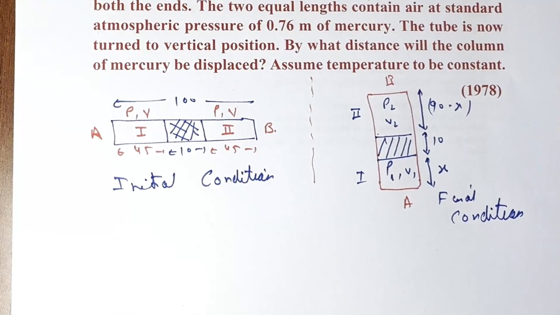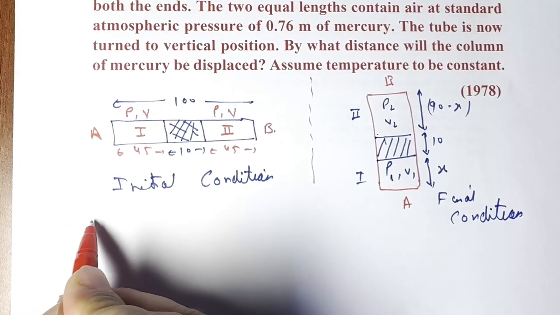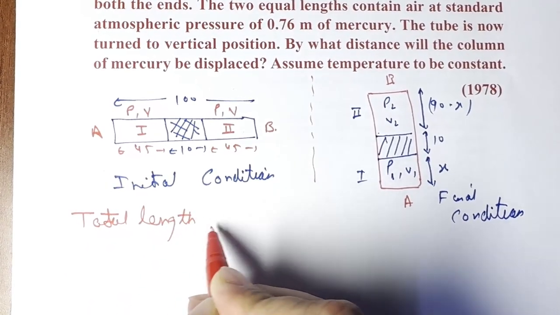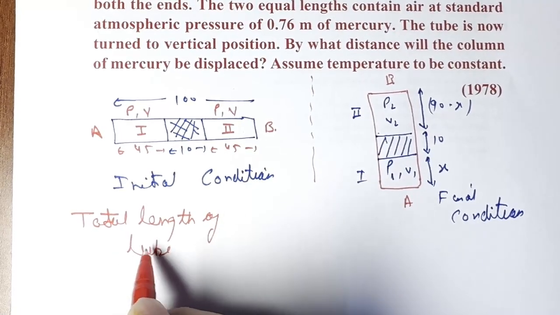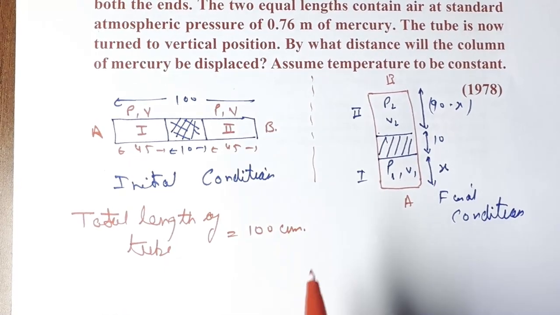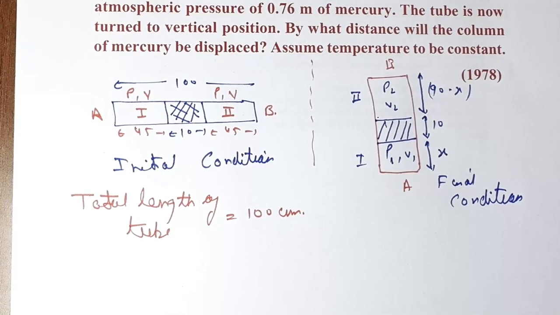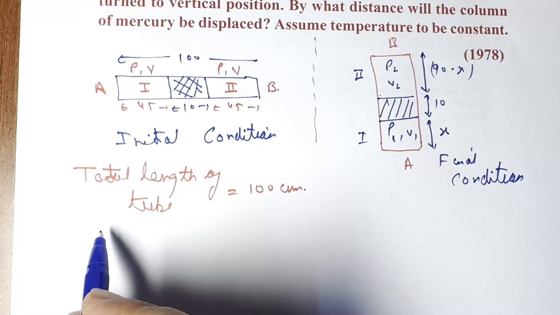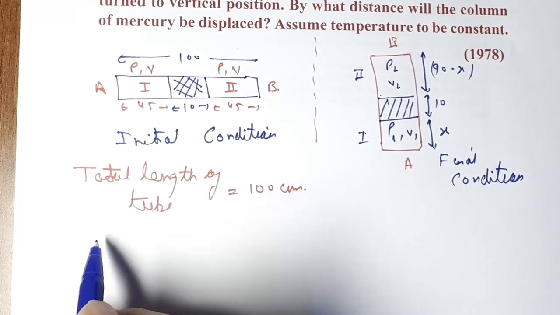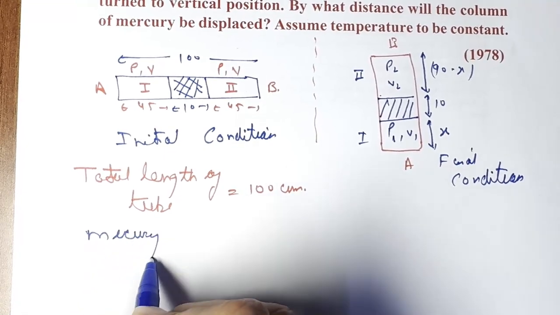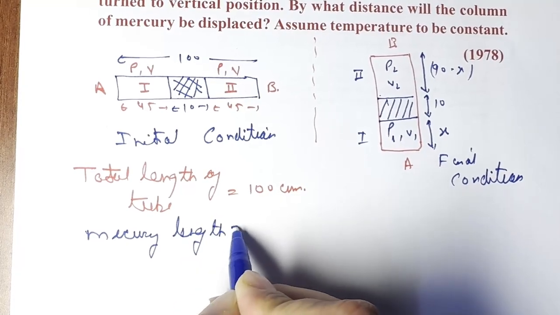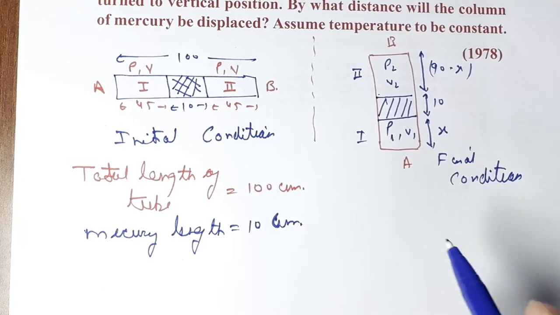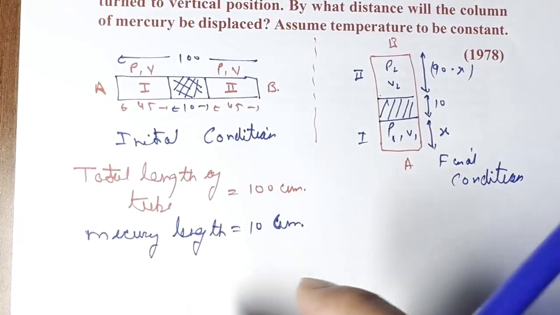We are given that the total length of the tube is 100 centimeter, and the mercury length is 10 centimeter, and it says that the air column is equal at both ends.